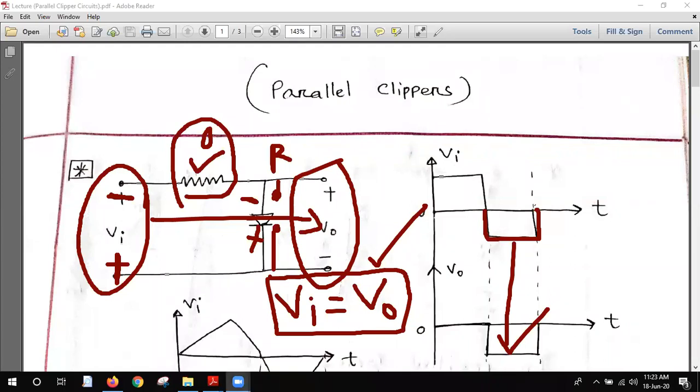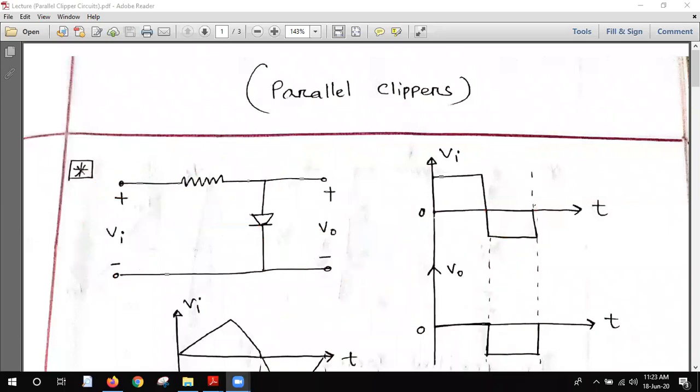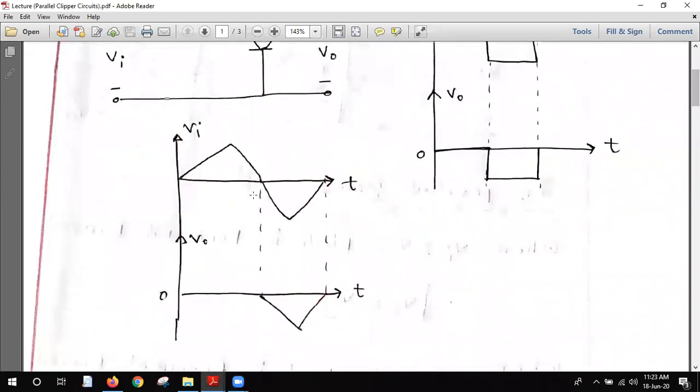If we check one more, in this sawtooth waveform, you can also see that in the forward bias there is no voltage, but in the reverse bias the output is following the input exactly.